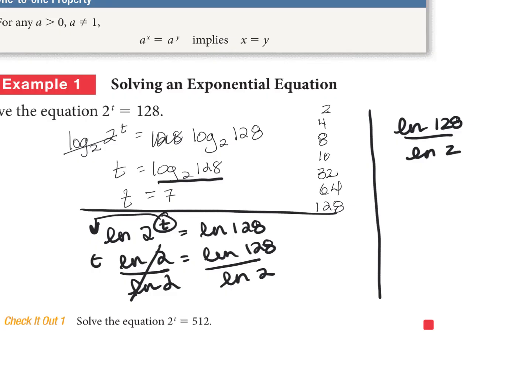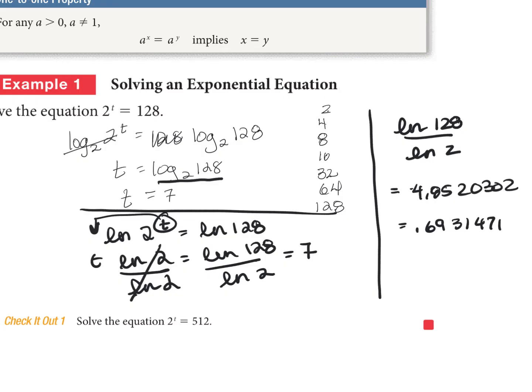So you get that. And when you plug this into your calculator, I recommend doing it in one line. So you would just take the natural log of 128 divided by the natural log of 2. When you do that, you get exactly 7. If you do it in two lines, natural log of 128, you get 4.85200302, and the natural log of 2, you get 0.693141.